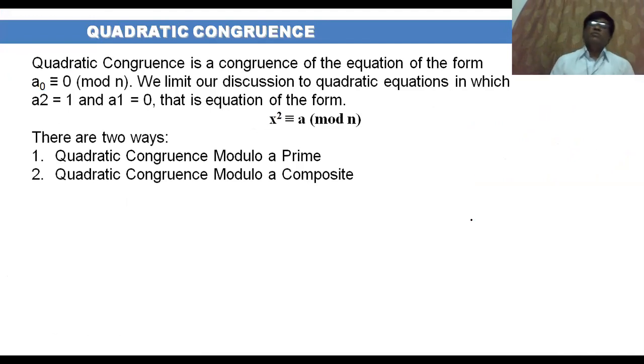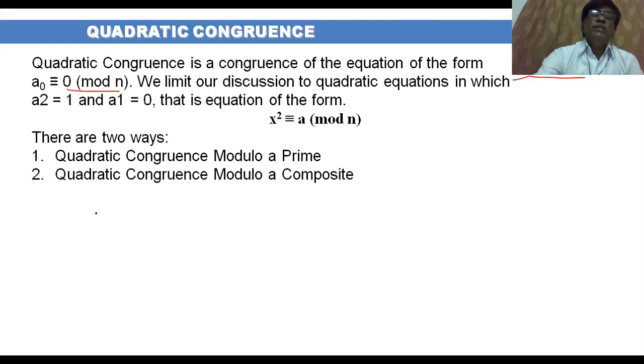In the previous case, we have seen the factorization congruence. By factoring the elements, we calculated the congruence. Now, quadratic congruence is the congruence of an equation of the form a2 x square plus a1 x plus a0 is equal to 0 mod n.